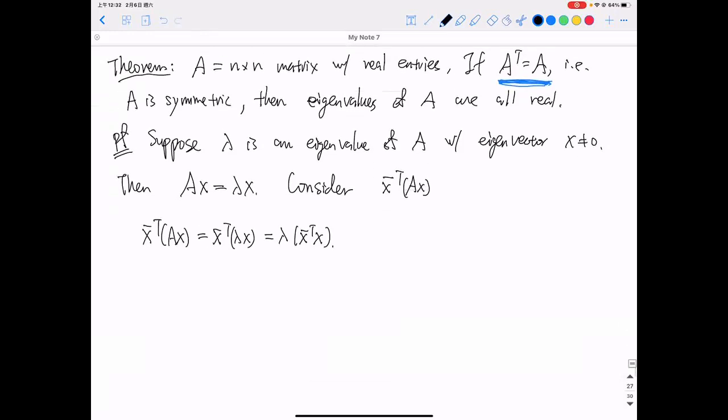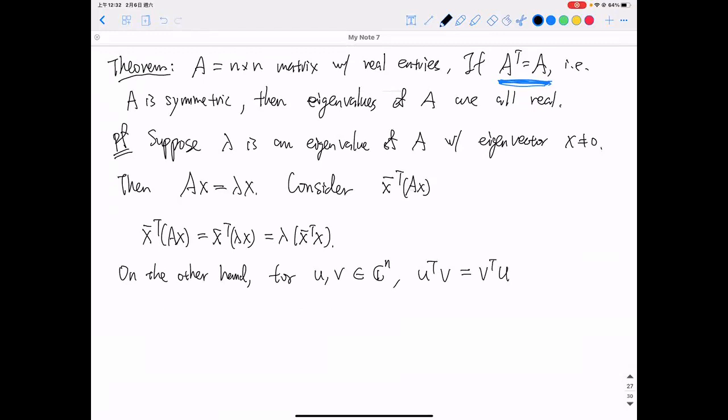Now on the other hand, for any vectors u and v, we have u transpose v equal to v transpose u, right?